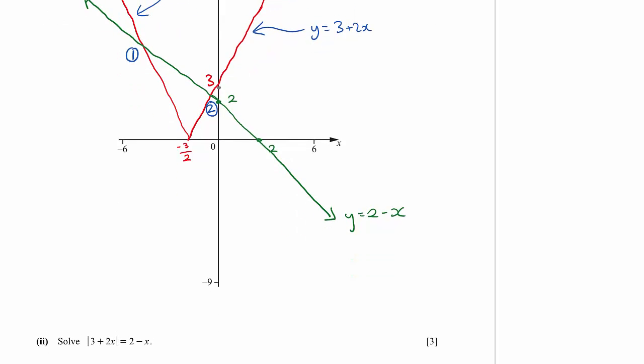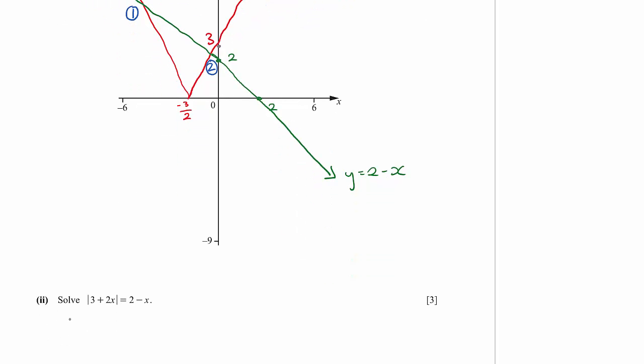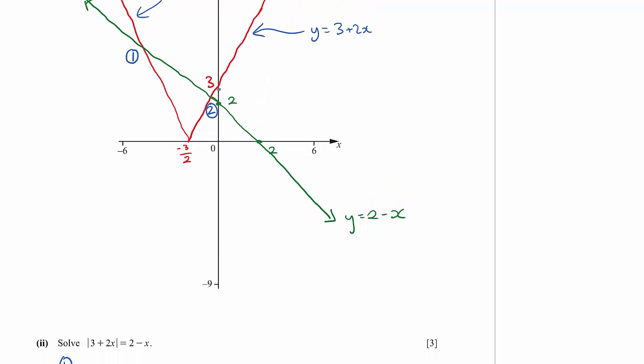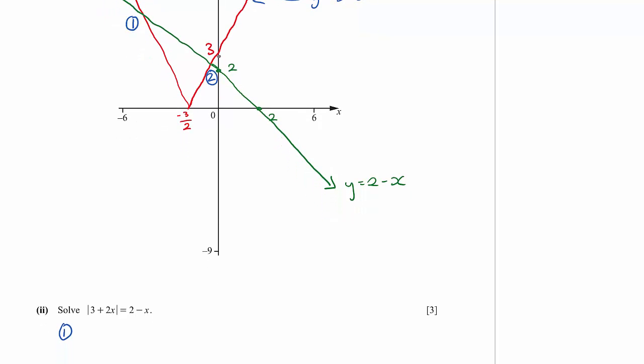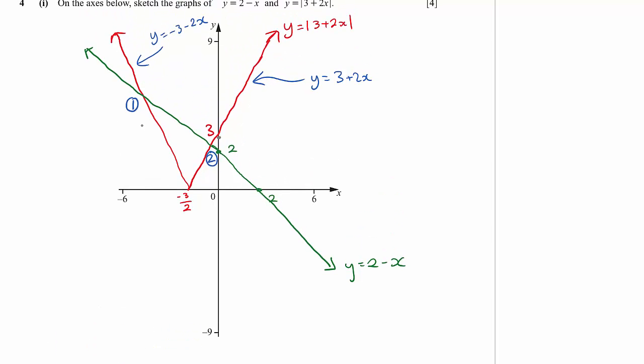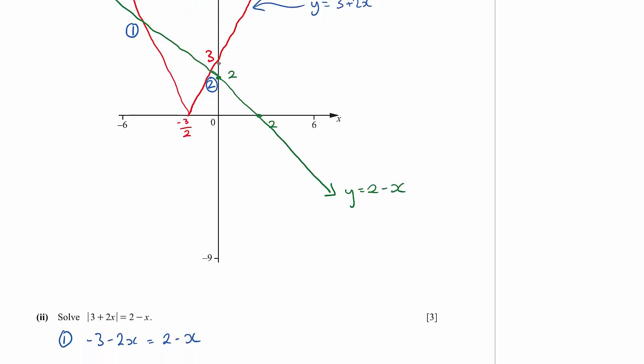So if we look at those 2 intersections, the first intersection, the one I've labeled 1, is actually where negative 3 take away 2x is equal to 2 minus x. So this limb is equal to that line.